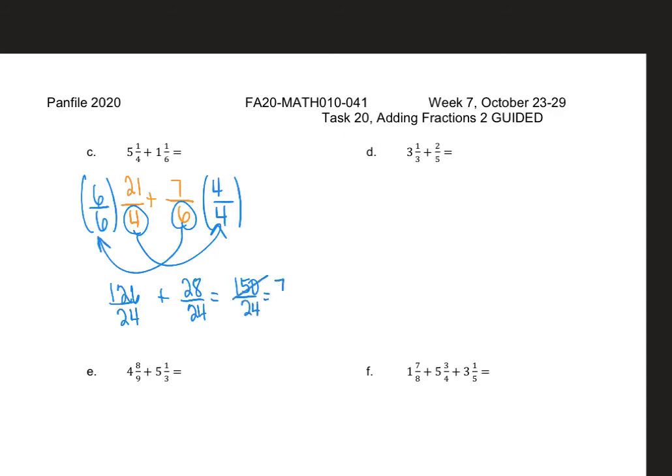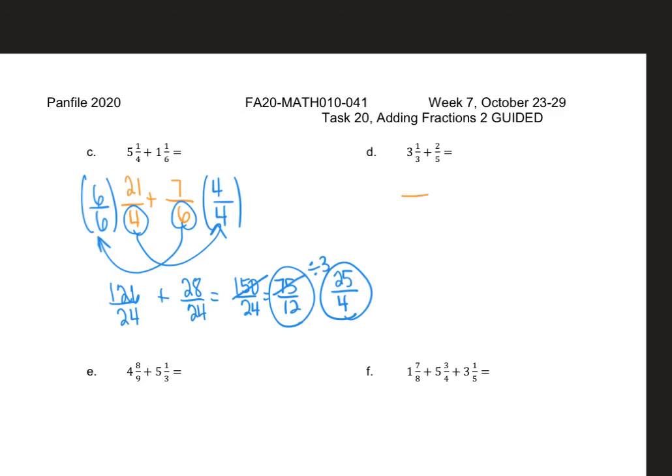Simplify. And you're all done. Oh, I lied. We're not all done. Three tricked me. 75 is divisible by 3. You get 25. 12 divided by 3 gives me 4, and it simplifies to 25 over 4.